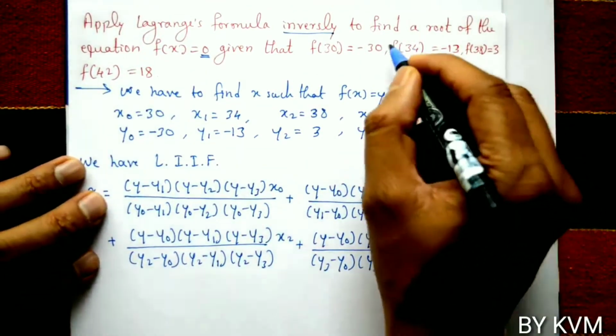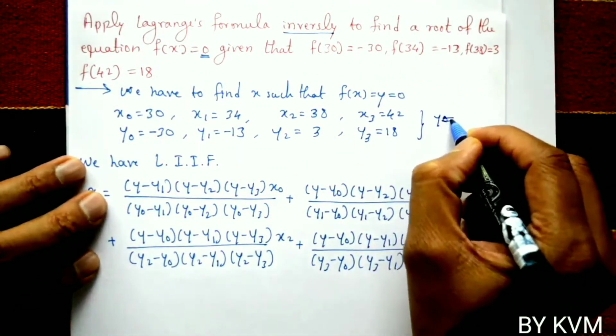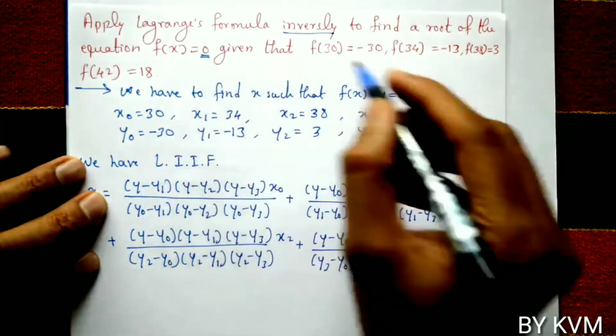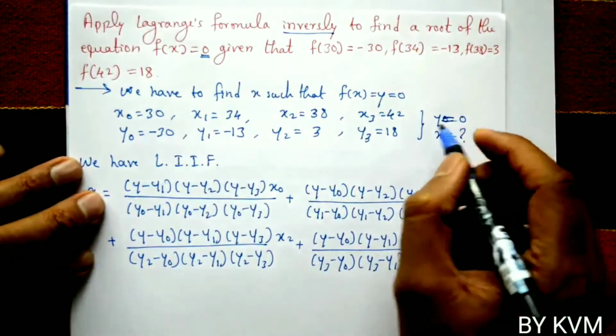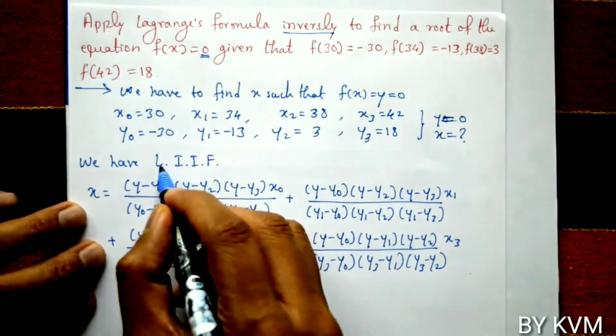So now we know how to write Lagrange's inverse interpolation formula. Already we have discussed it in the previous video. Here the y value is given, that is y = 0, we have to find x.